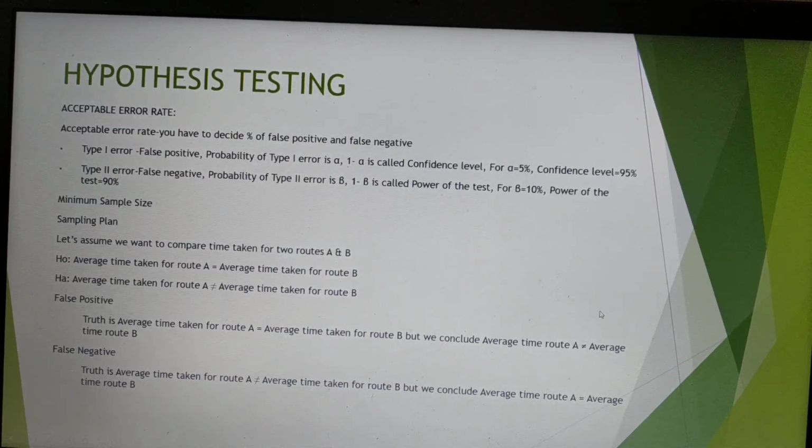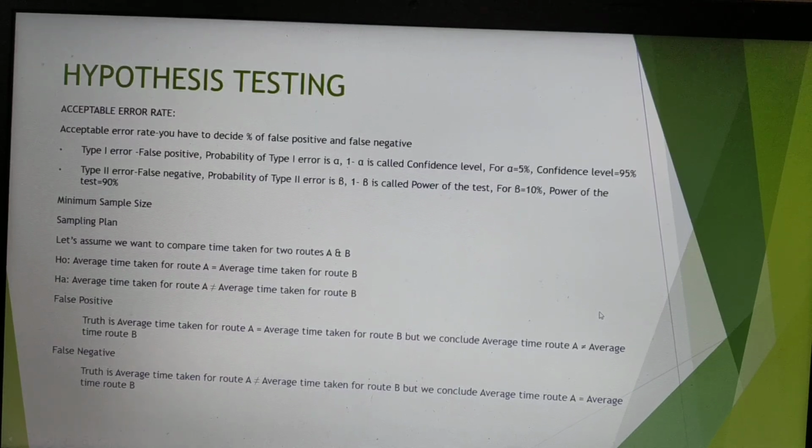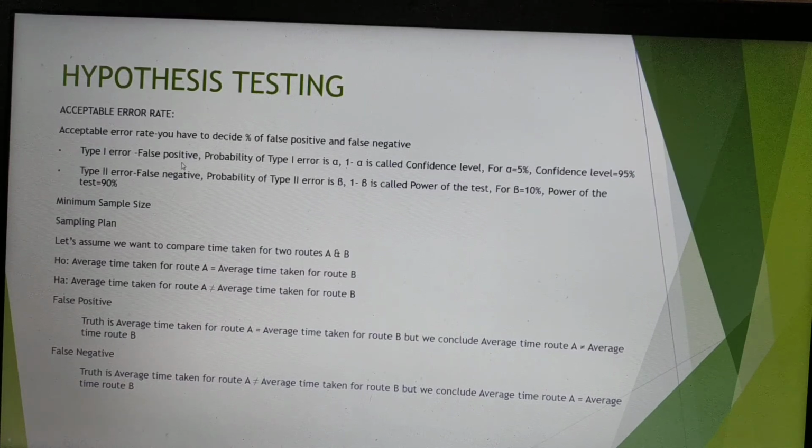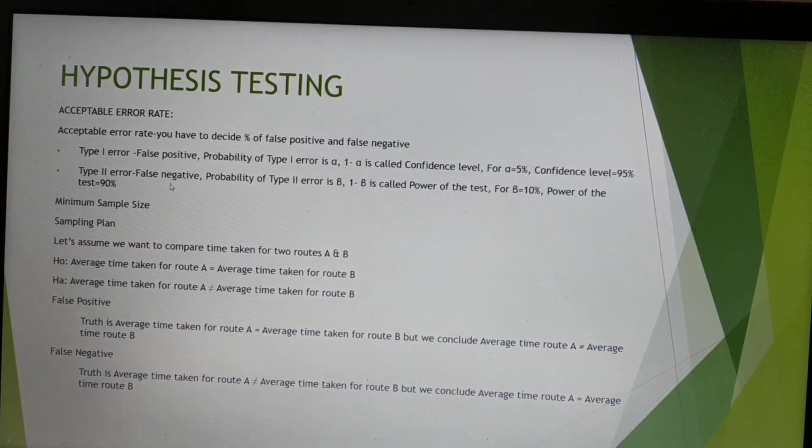Since we are dealing with samples, there is bound to be some error. So the acceptable error rate has to be decided by the person who's performing the test. And there will be two types of errors, type 1 error and type 2 error.